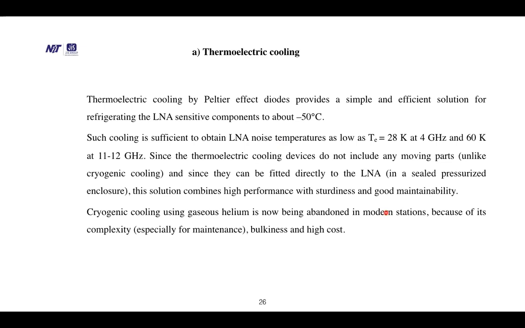Thermoelectric cooling. Thermoelectric cooling by Peltier effect diodes provides a simple and efficient solution for refrigerating the LNA sensitive components to about minus 50 degrees Celsius.